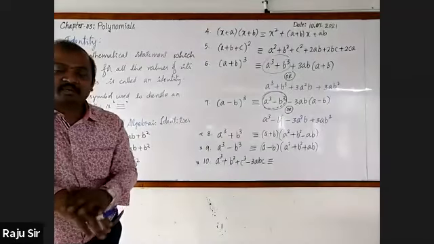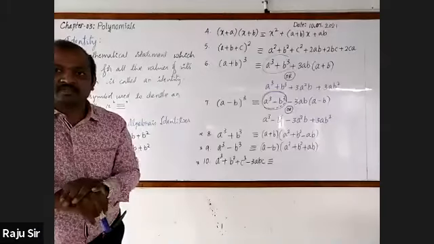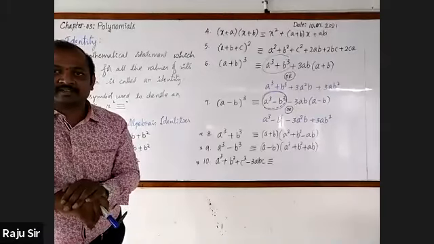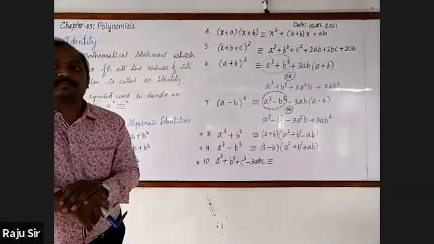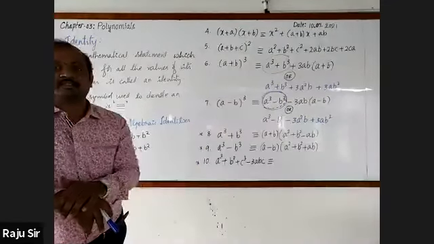A cube plus B cube plus C cube. A minus, A plus B minus C. Okay. A square plus B square minus, very good, C square, very good, plus A plus B C. Small correction. Lavanya, yes, tell.